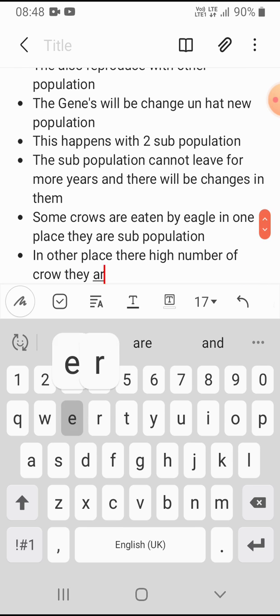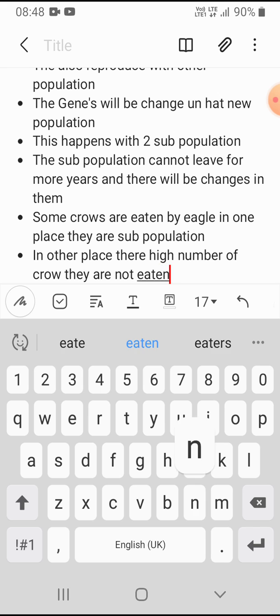They are not eaten because they are high in number.